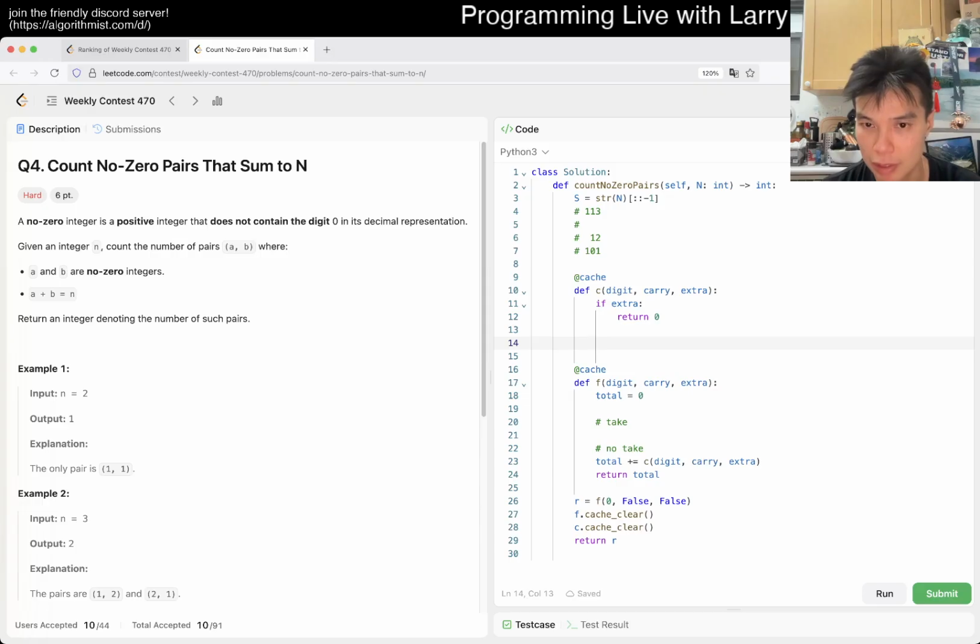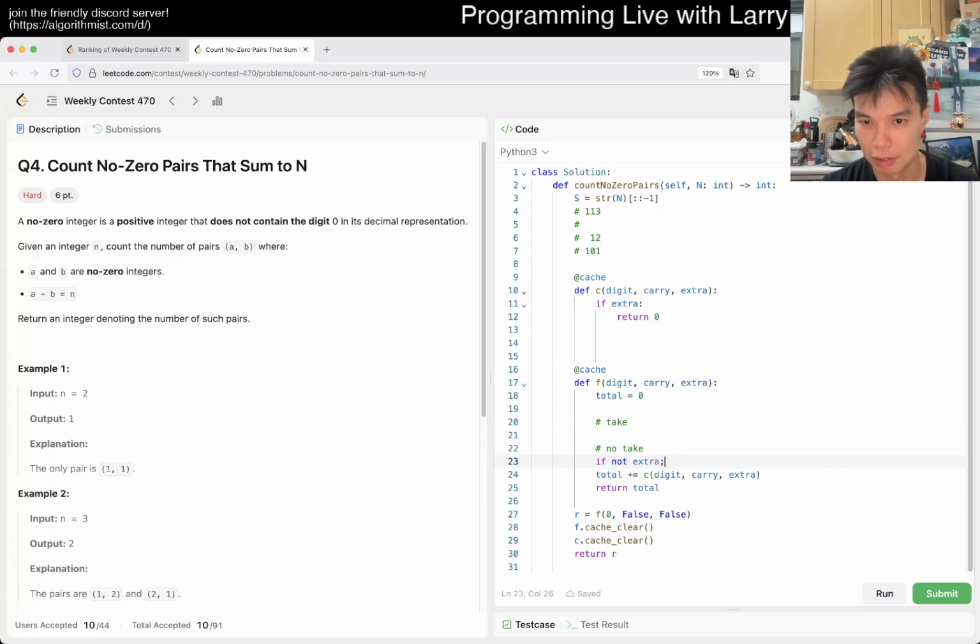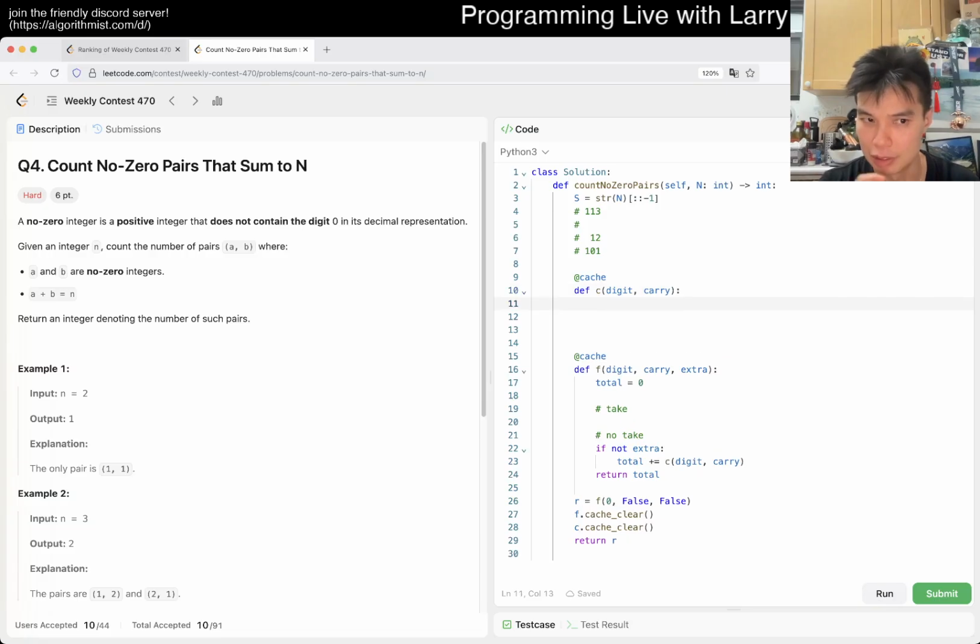So okay, so if this is always false, then maybe we just not extra. Okay, so we don't have any leading zeros on the thing, so we have a carry.